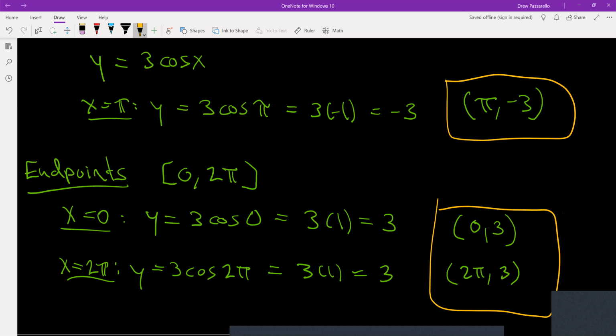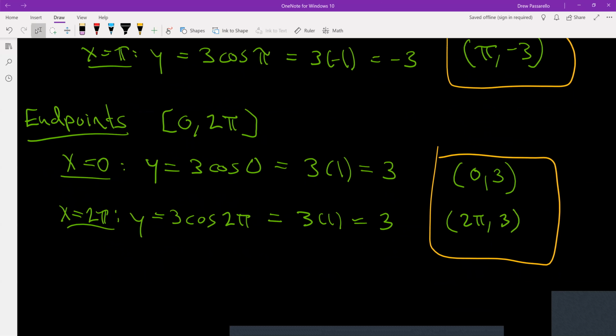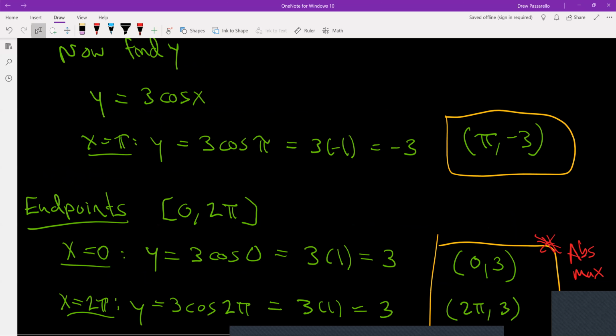And they're the biggest, larger than negative 3. So these are two absolute maxes. All right, they have the same y coordinate of 3, they just occur at 2 x values. And then this is the absolute min. All right, and that's it for this section.